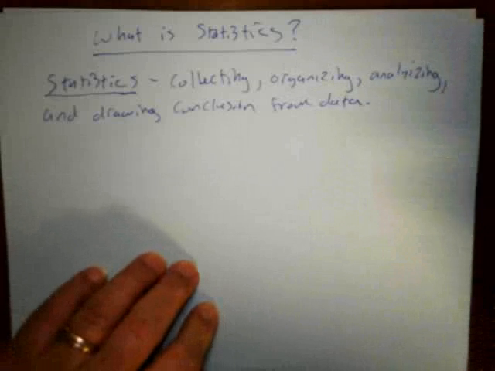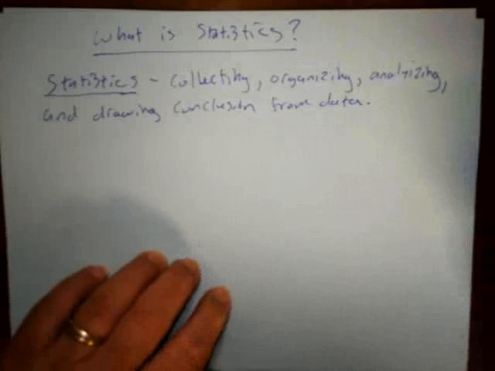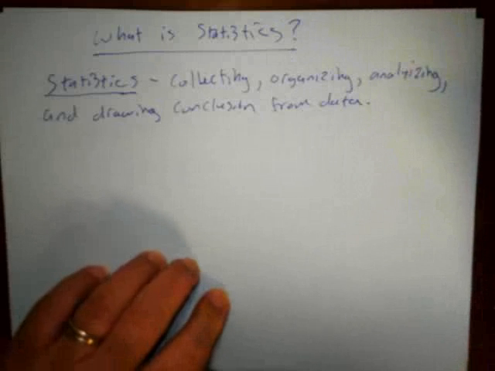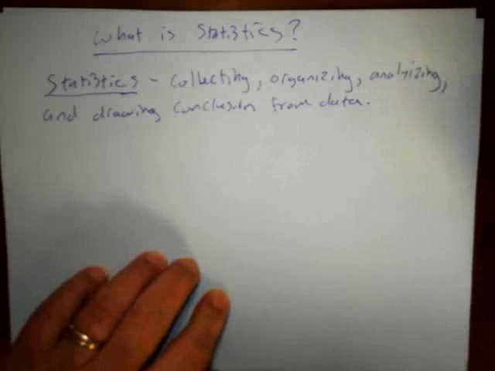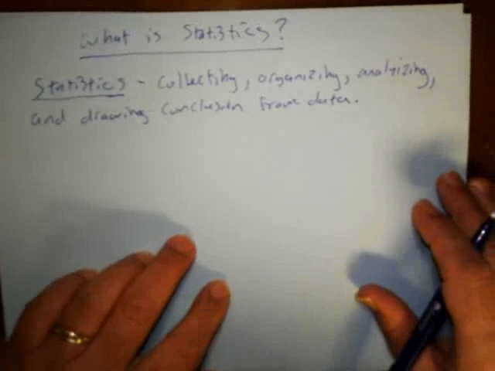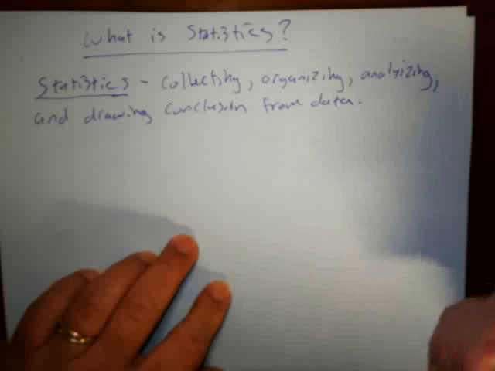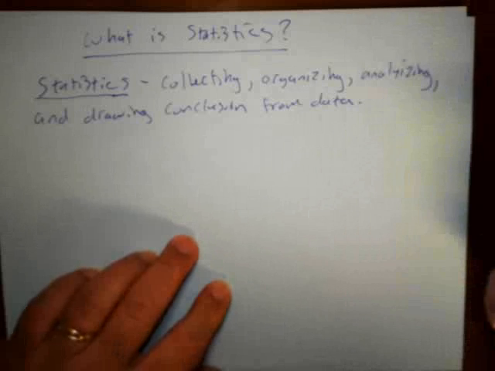Statistics is becoming more important in the world today. More people are seeing value in statistics and wanting to use it. I think the reason is that we now have software on computers that can do the number crunching very, very quickly.